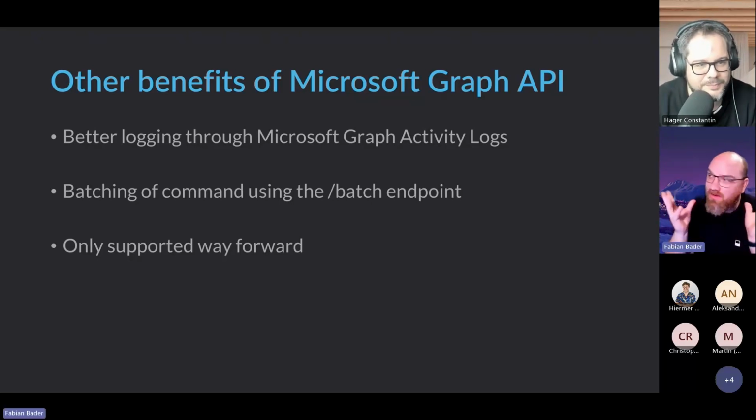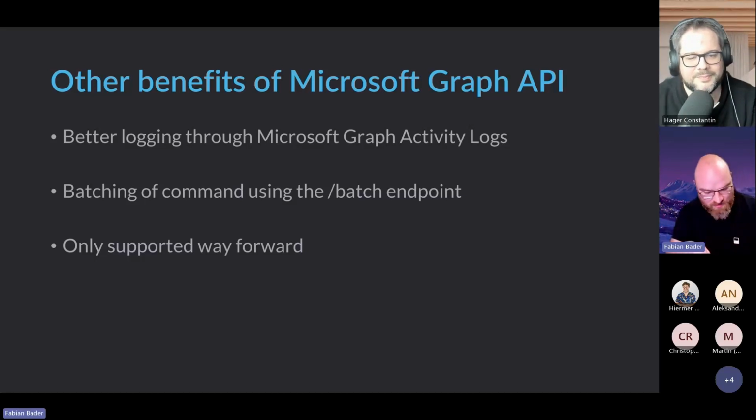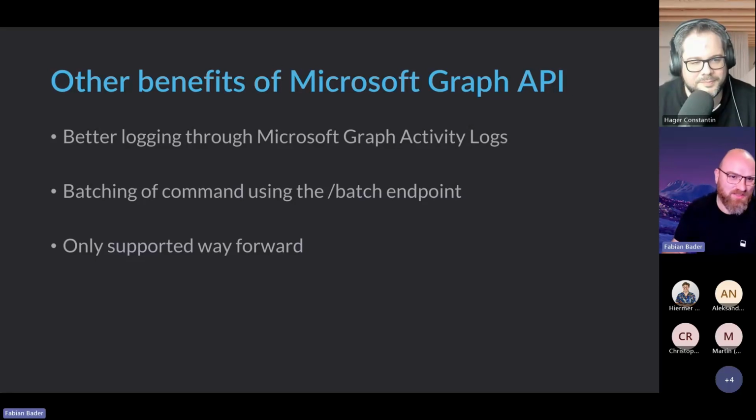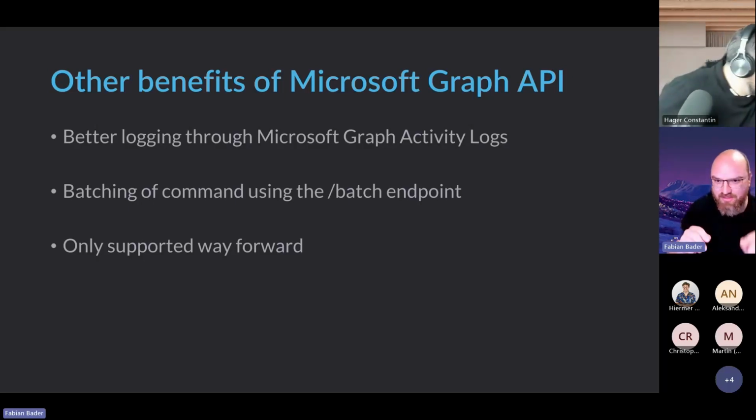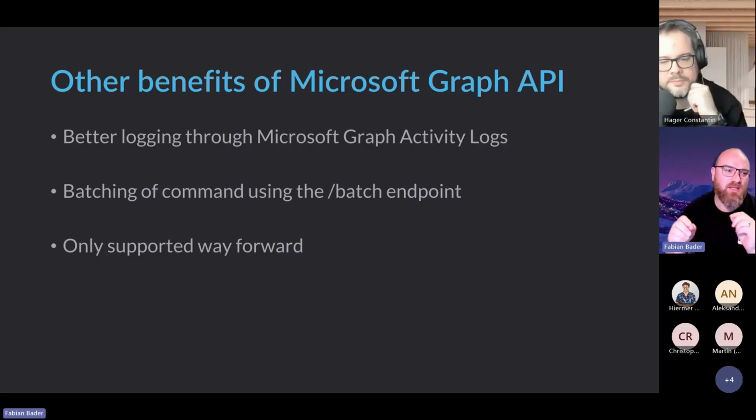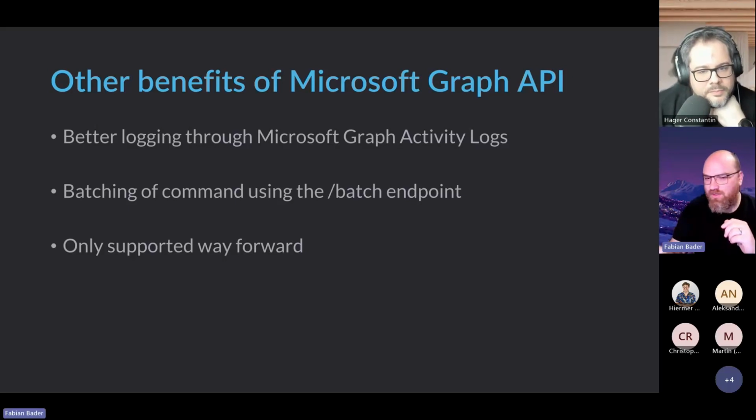So there are two benefits I think are really important. The first one is we have to use it. So there's no way around it. And the other one I really, really like is the logging. Microsoft Graph now has the ability to log every graph request ever sent to your tenant in a Log Analytics workspace.